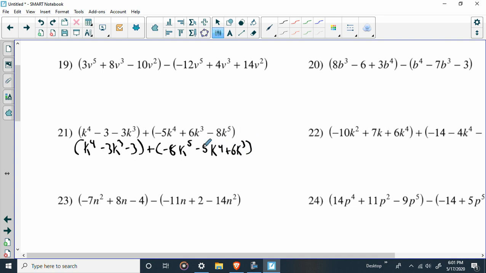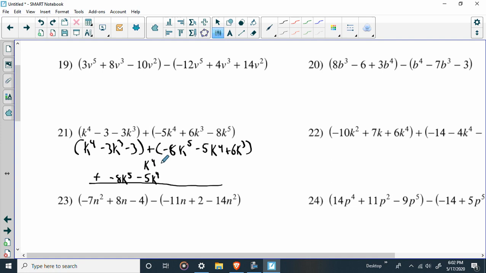Okay? All right, now, I've got a k to the fifth in the second one. Nothing corresponds to that in the first one. So we're going to spread these out a little bit. So I'm going to keep the negative 8k to the fifth. Now, in the fourth power, I've got a k to the fourth here, and negative 5k to the fourth back here, right?